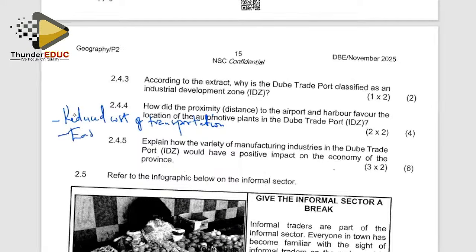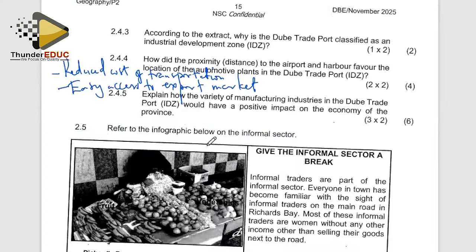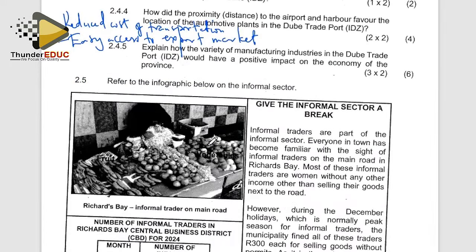And then we'll also look at ease of access to the export market. We are located close to the airport and to the harbor, which means we can easily access the export market. We can easily send our products to the harbor so that they can be exported to the international market, or we can send our products to the airport. At the same time, we can also receive raw materials and other inputs that we need to use in the production process.